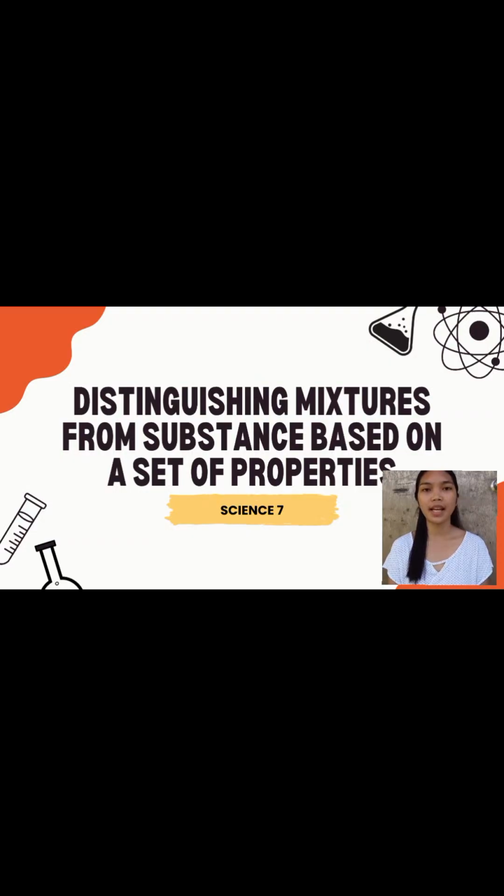For your second task, create a comparison table with two columns, one for pure substances and one for mixtures. List the examples under the correct category and briefly explain the difference using the properties we discussed. You will be given 20 minutes for this activity. Work carefully and think like real scientists.